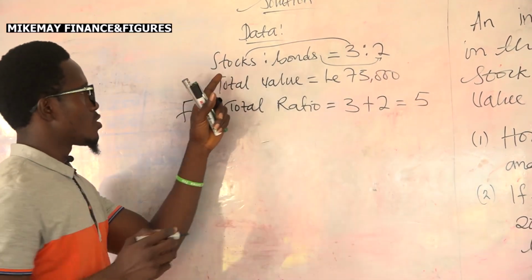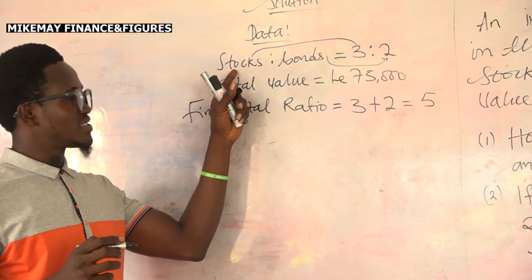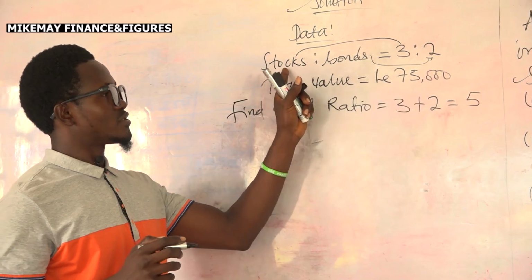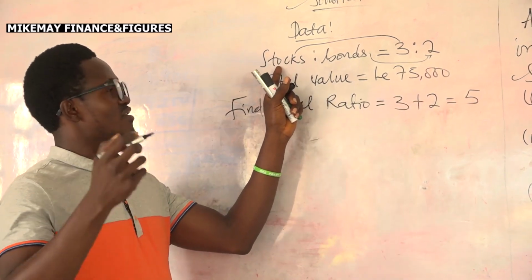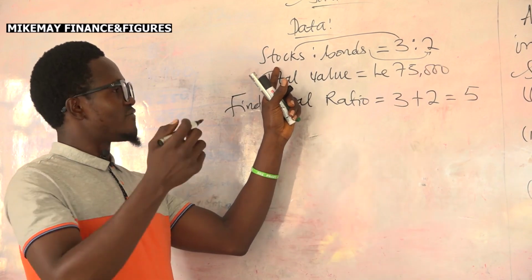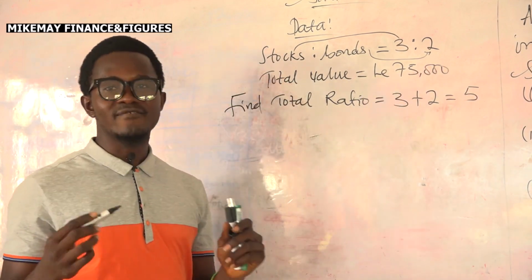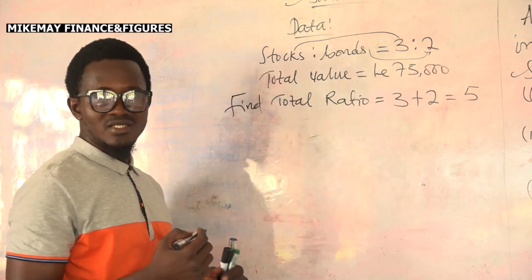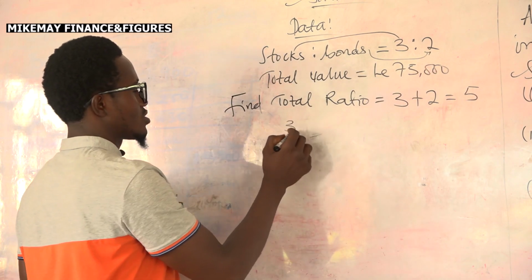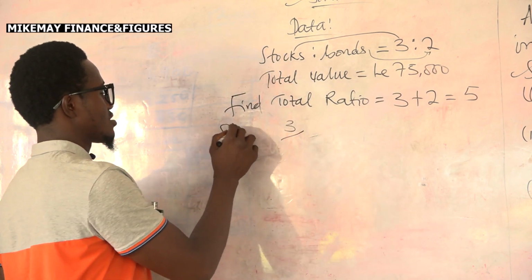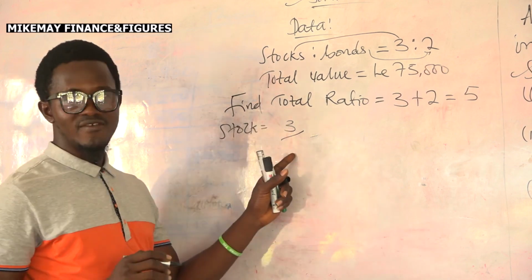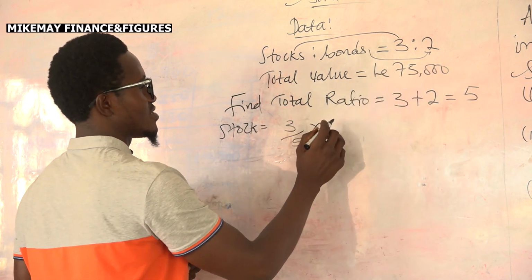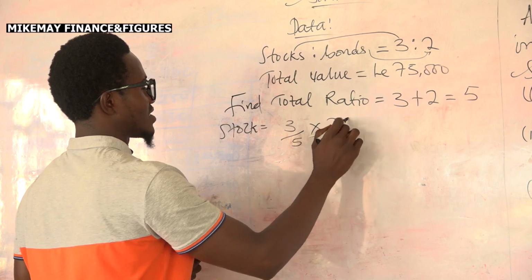So if we want to find the value of stock that is part of this 75,000 leones, this is how we do it. We take the ratio for stock, divide by the total, 5, and multiply by the total value invested.